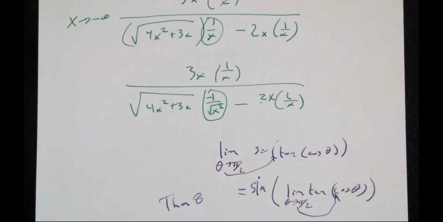Do you want to do cosine or sine? Cosine. Which angle were we doing? Pi over 2, right?